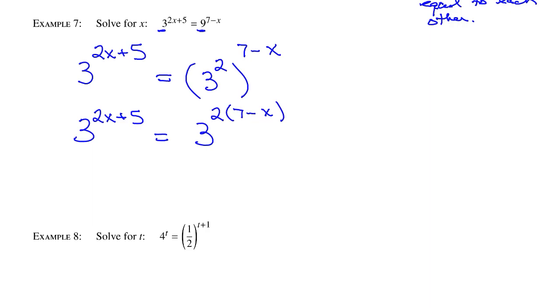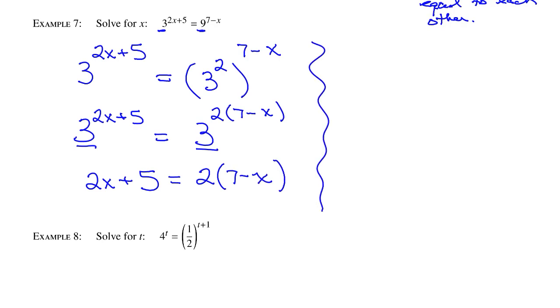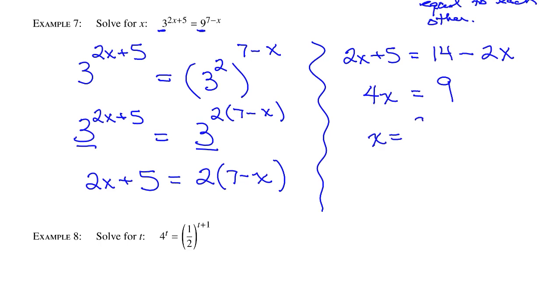Now that the bases are the same, we can set the exponents equal to each other and solve for x. So we have 2x plus 5 is equal to 14 minus 2x. Moving the x's to the left, I get 4x. Moving the numbers to the right, I get 9. And so x is equal to 9/4.